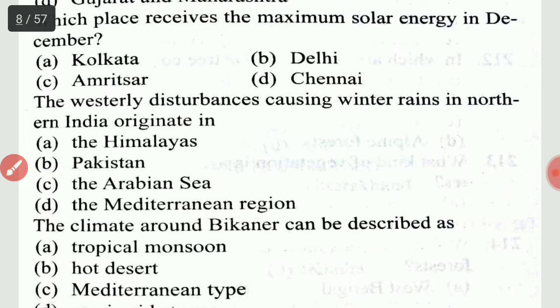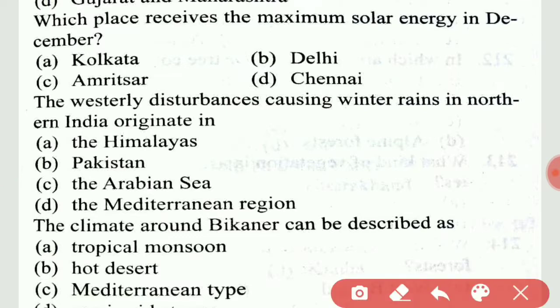Next, the westerly disturbances causing winter rains in northern India originate in option D, the right answer, the Mediterranean region.